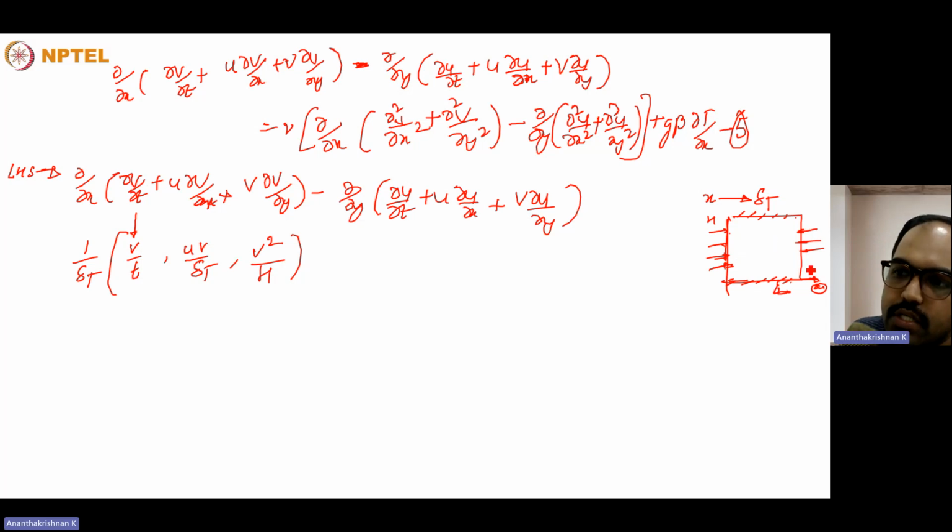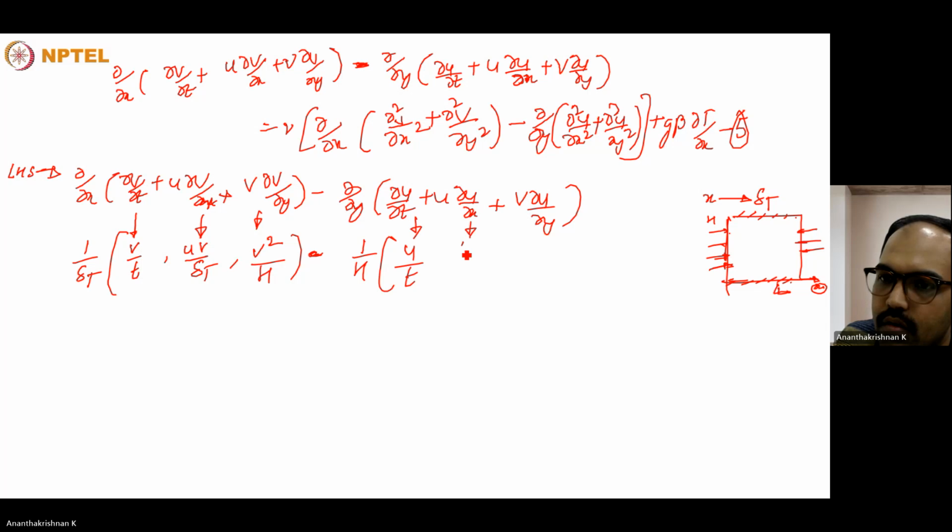So this is a cross section in the vertical plane. This is the scaling of this one, and regarding Y, it will be 1 by H, U by T, and this will be scaled as U squared divided by delta T, and this will be scaled as VU divided by H.